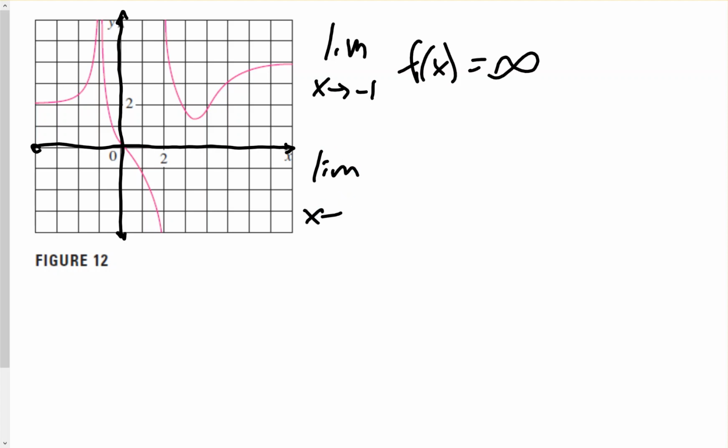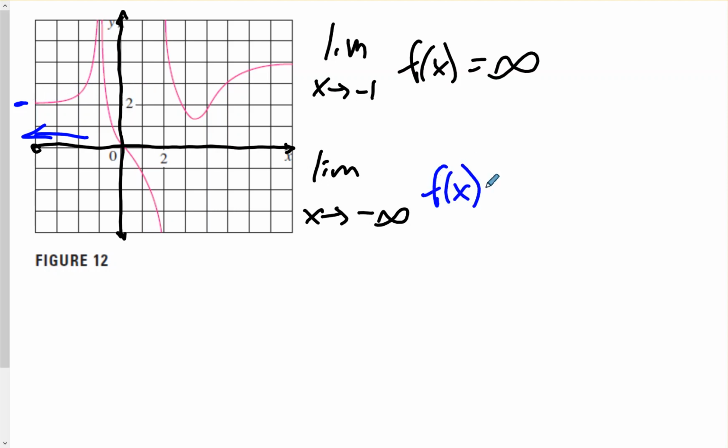The limit as x approaches negative infinity, let's go in the negative direction. That implies we're going infinitely to the left. It looks like it's going to approach the value of 2. It's tapering off, coming down like this.